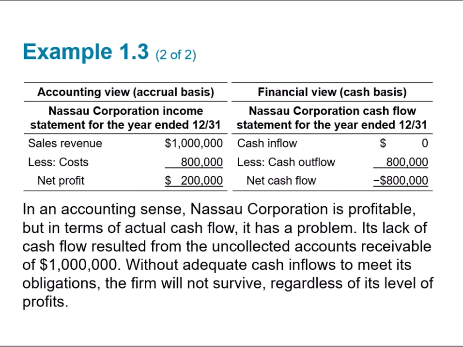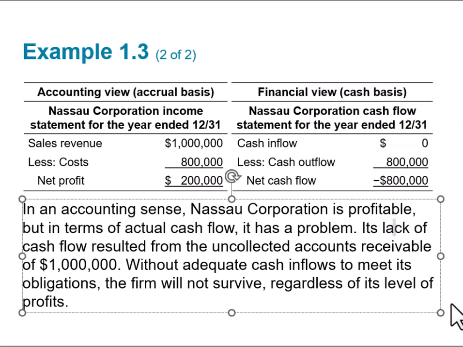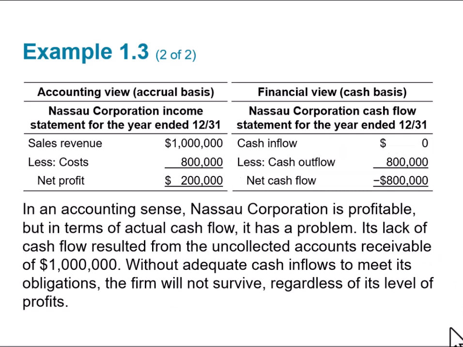So hopefully what we're going to show here is the difference between profit and cash. In this instance, the accounting view, and for taxes, we're going to show a net profit of $200,000. However, we have received no cash, which means our net cash flow is a negative $800,000.